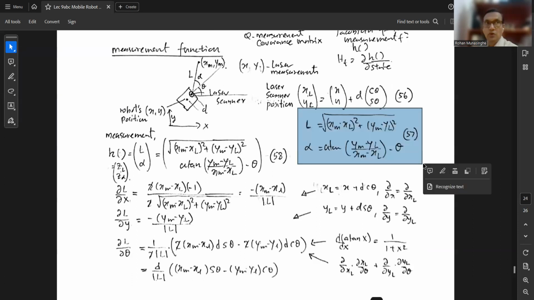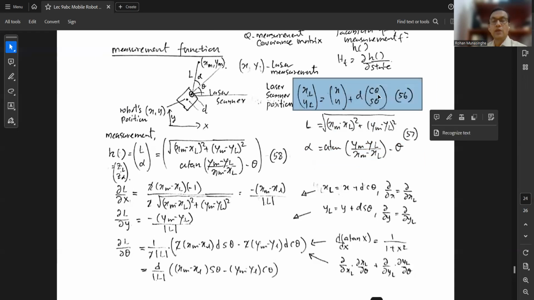So you know your x and y, your present mean mu bar, right? Mu bar means x and y basically, and also theta. You put those values over here for x and y and for theta. For this equation, you can put your present mean value, that is x, y, and theta, and calculate xl, yl, right?